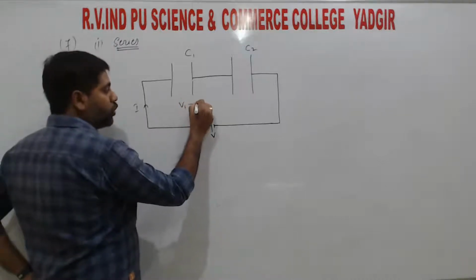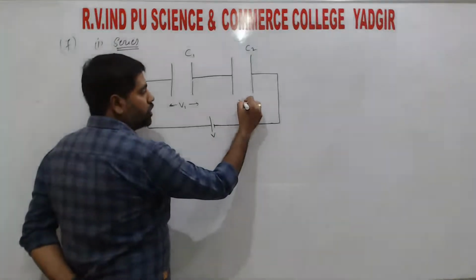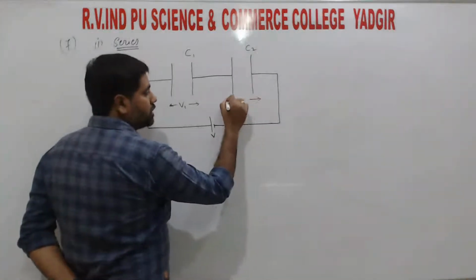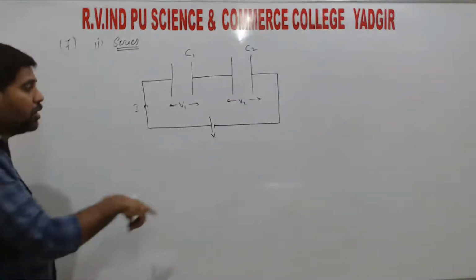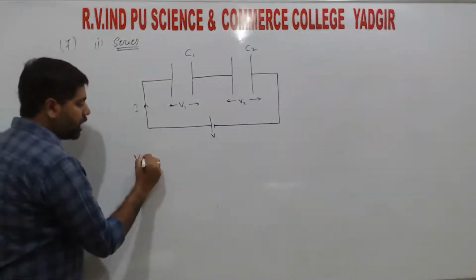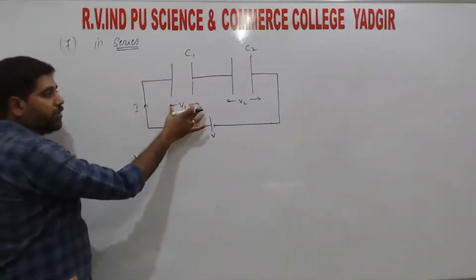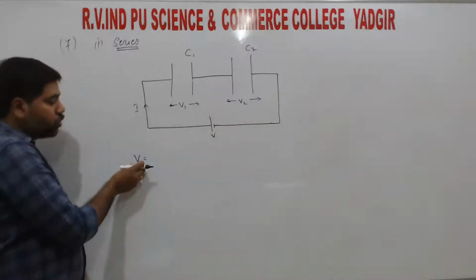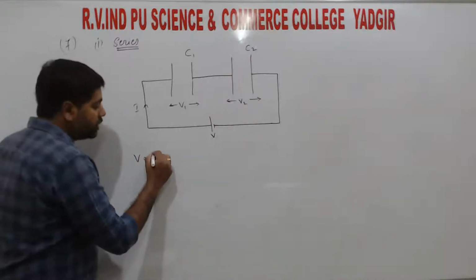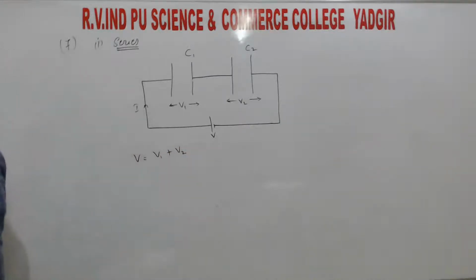V1 is the potential drop across the capacitor C1 and V2 is the potential drop across the capacitor C2. The total potential applied across the two capacitors is V. The potential divided across the capacitors C1 and C2 is V1 and V2. So the total potential V can be written as V equals V1 plus V2, right?